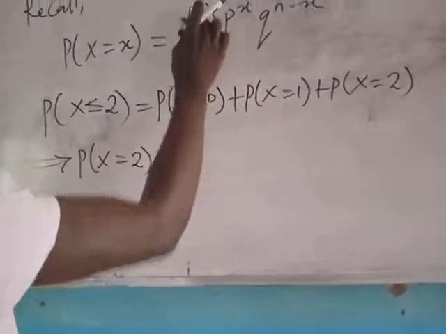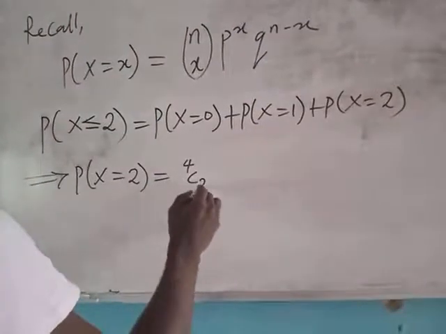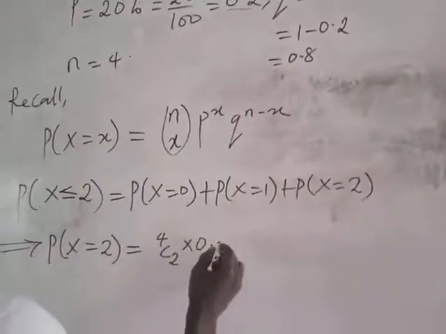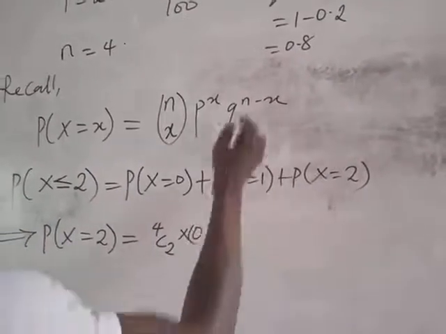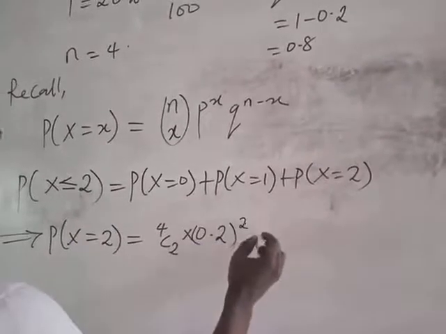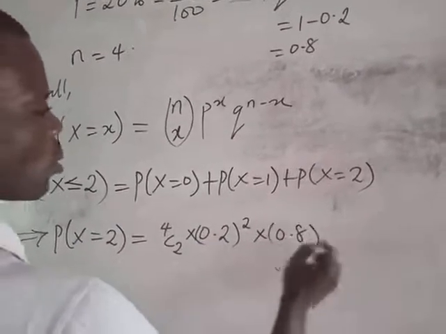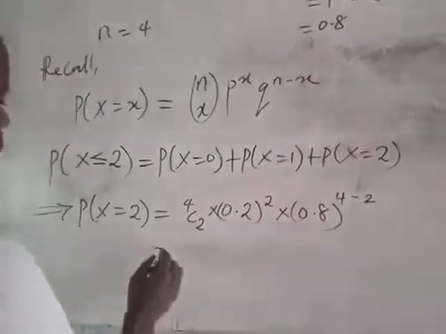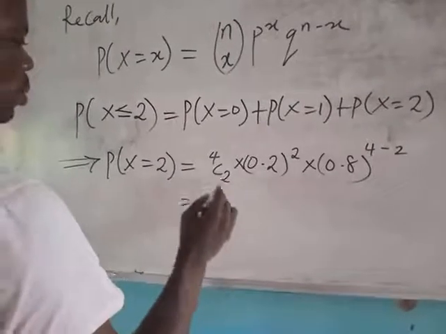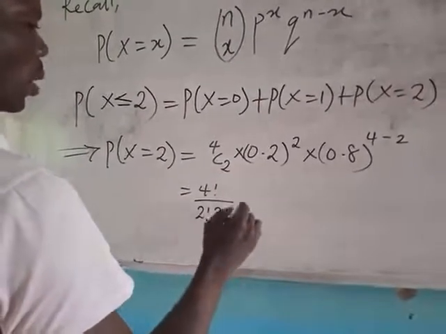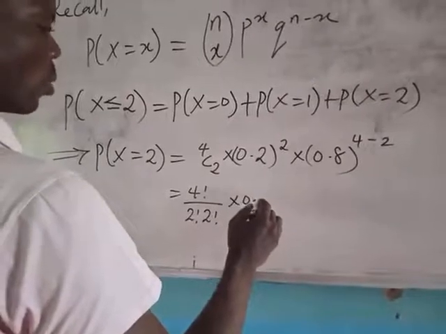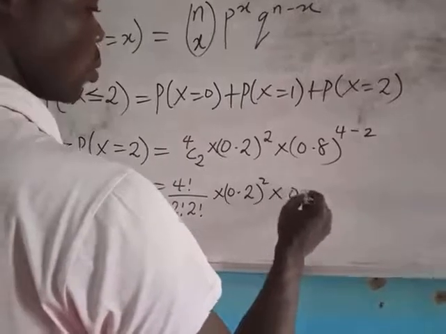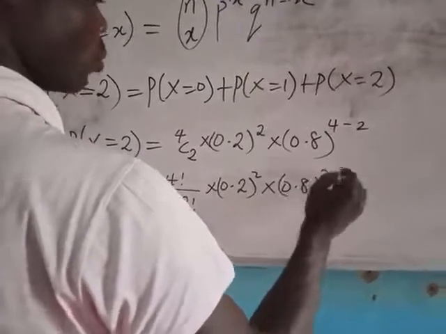So it will be 4 combination 2 times 0.2 raised to the power of 2 times 0.8 raised to the power of 4 minus 2. So this will be 4 factorial over 4 minus 2 factorial, 2 factorial, times 0.2 squared, then times 0.8 raised to the power of 2.